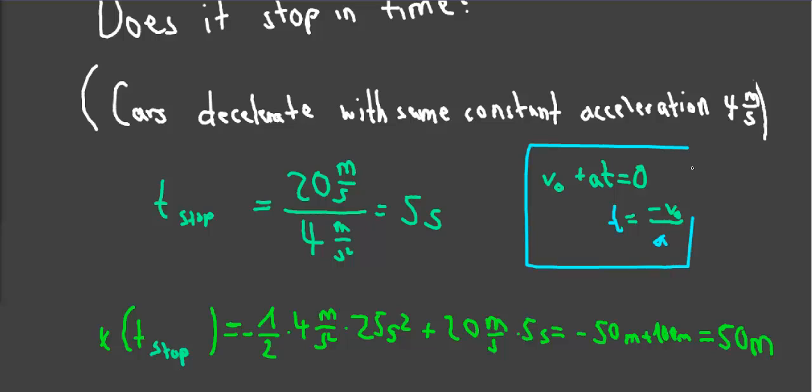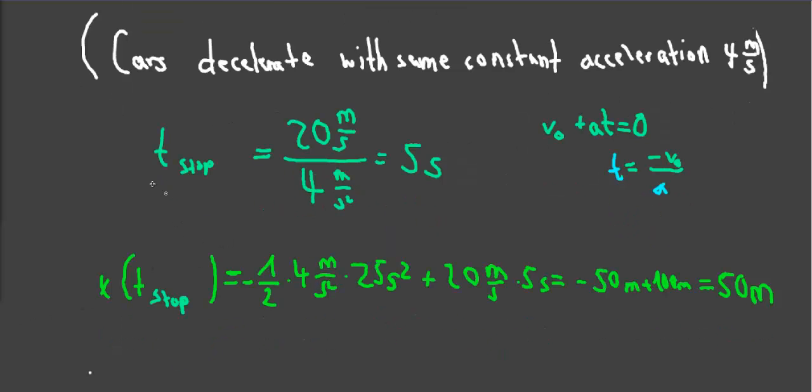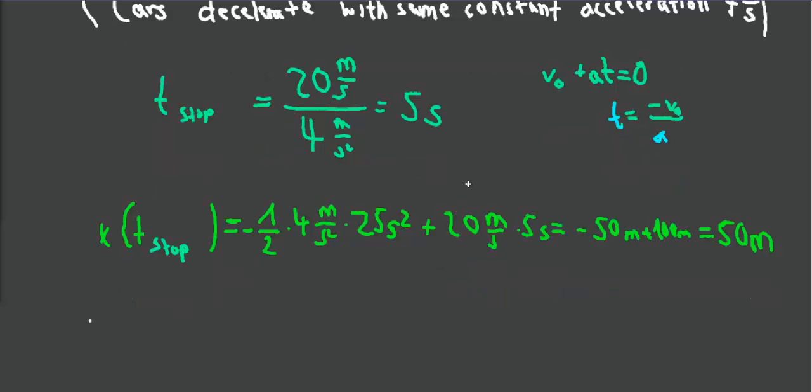As I said, the acceleration is actually minus 4 meters per second squared. But if you look at this formula right here, which uses the initial conditions and so on, you can see that the time is actually minus v0 divided by a, or v0 divided by the positive acceleration, which is fine, I guess. So now we know the time the car needs to stop, and we can get the braking distance.